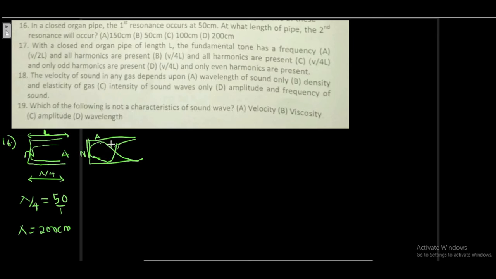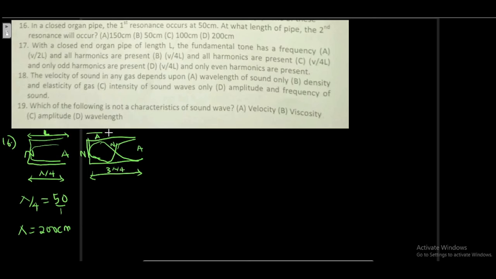Now the distance from a node to a node is lambda over 2. Node to antinode is lambda over 4. If we combine these together, we're going to have the total length to be 3 lambda over 4.